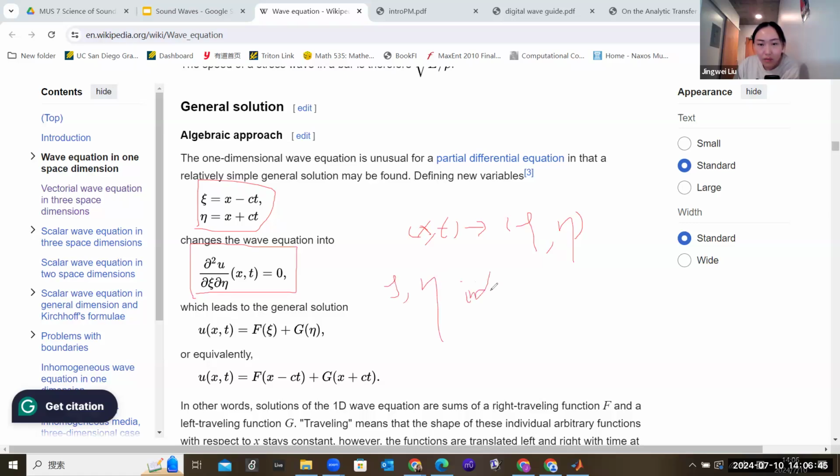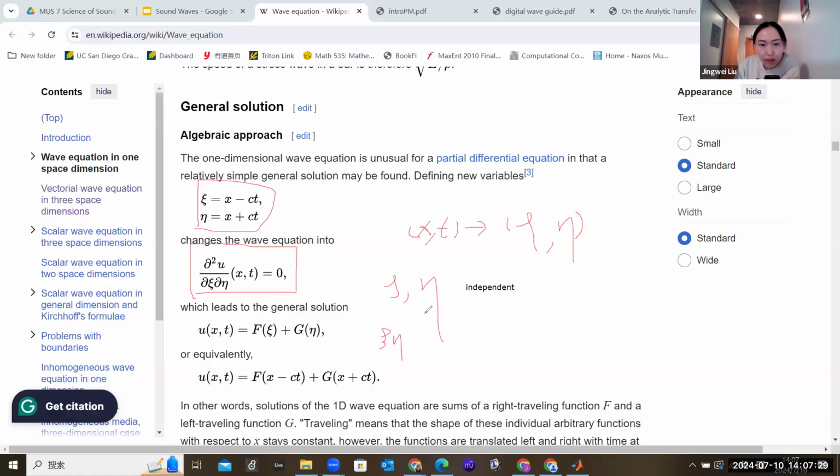From this equation you can derive this relationship, and then you can separate ξ and η here. You can write u as some function of ξ plus some function of η, and there is no interfering or interleaving term of ξ and η.